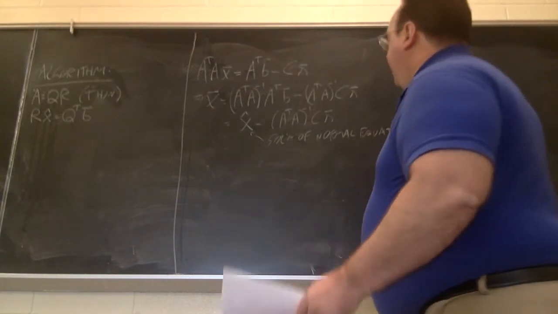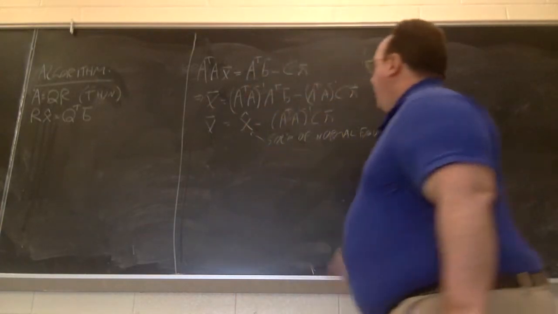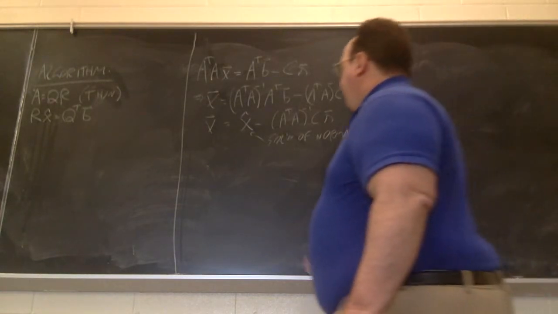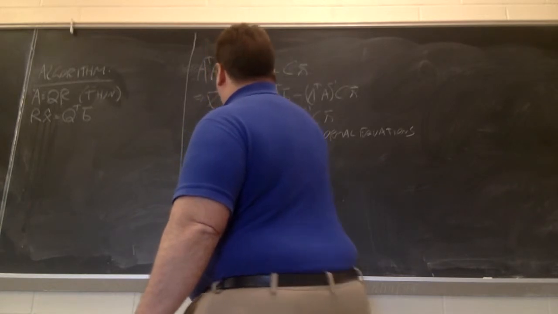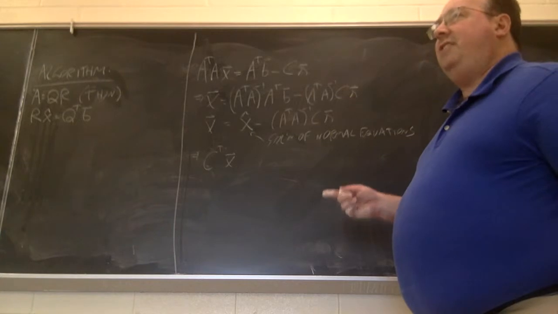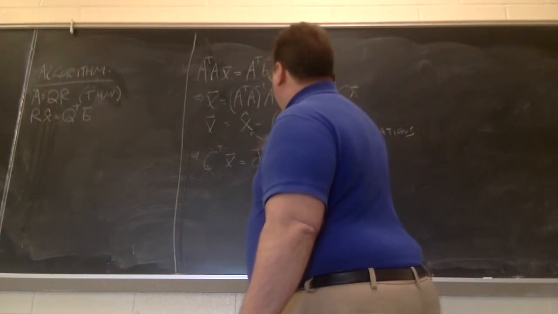So what I'm going to do is take this equation here and multiply both sides by C transpose. So I have C transpose x on the left side, but we know what that is. It has to satisfy the constraints. So that must be equal to d, which is known.